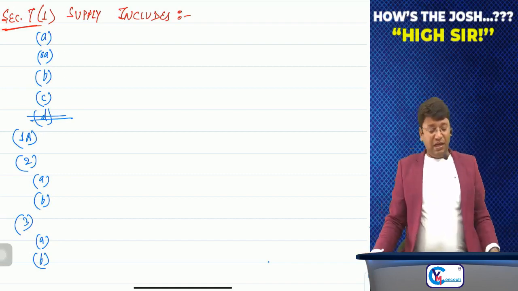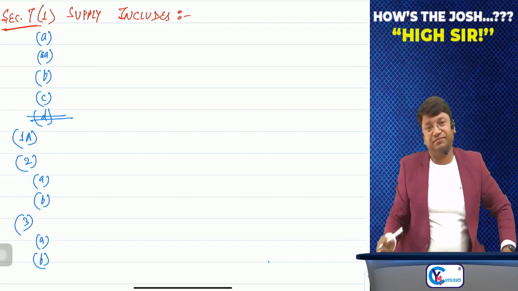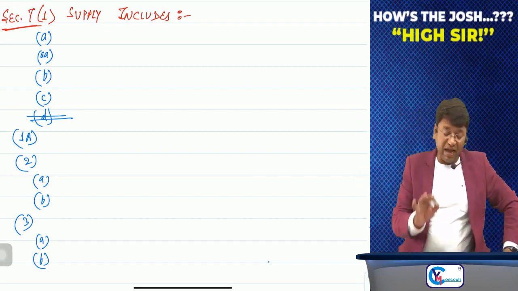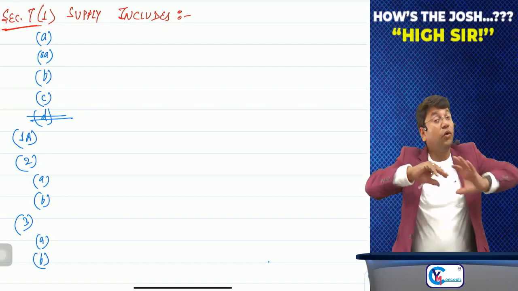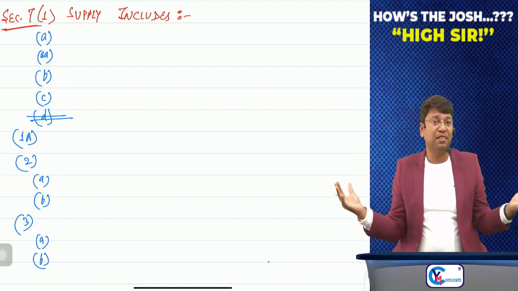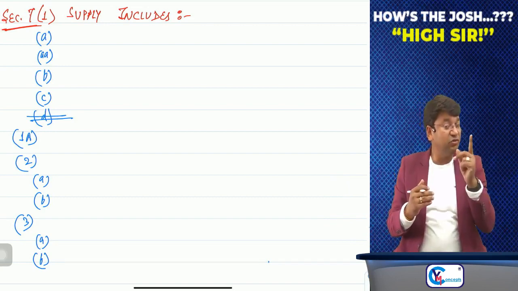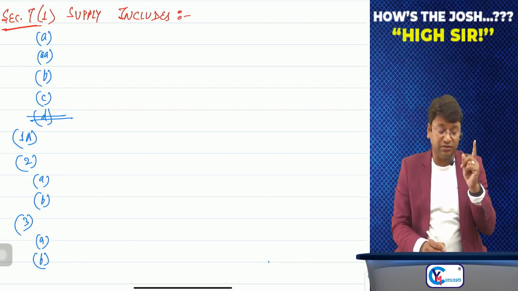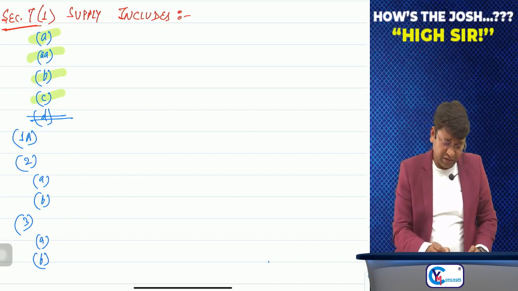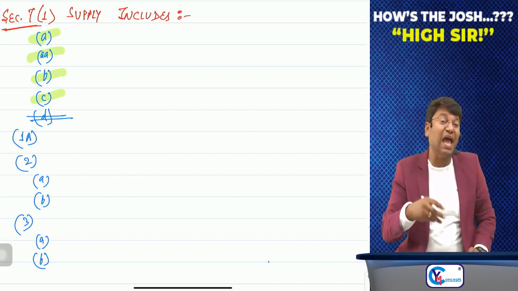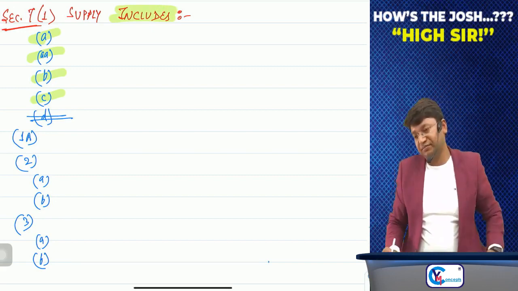Sir, let's begin with the term supply. Section number 7, subsection 1 says that the term supply includes, clause number A says that the term supply includes all forms of supply. Before beginning clause number A, listen to me again very carefully. The term supply includes clauses A, AA, B, C. What does it mean?